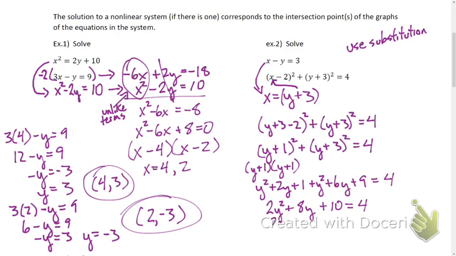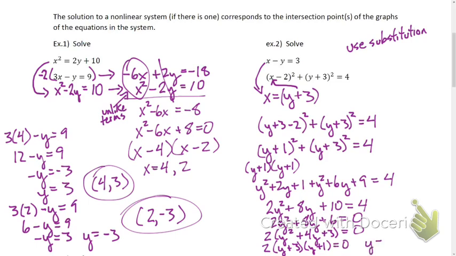I'm going to run out of room. Factor out a 2. And we get y plus 3, y plus 1, which means y is negative 3 and negative 1.